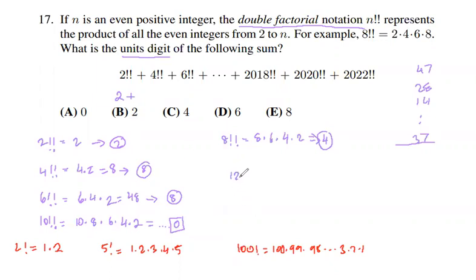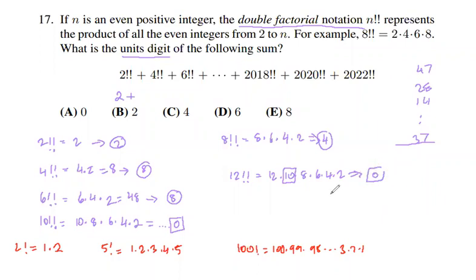For example, 12 double factorial is 12 times 10 times 8 times 6 times 4 times 2. Regardless of what last digit you get when you multiply everything other than the 10, you're going to multiply that number by 10, so your last digit will be 0 anyway.